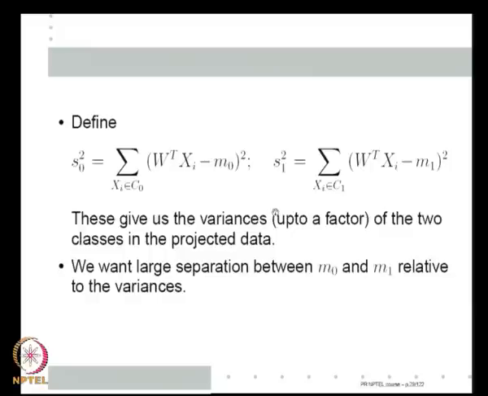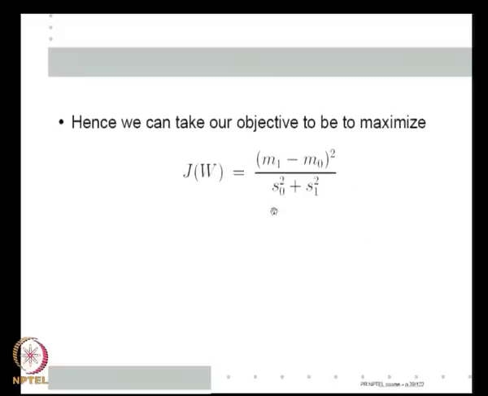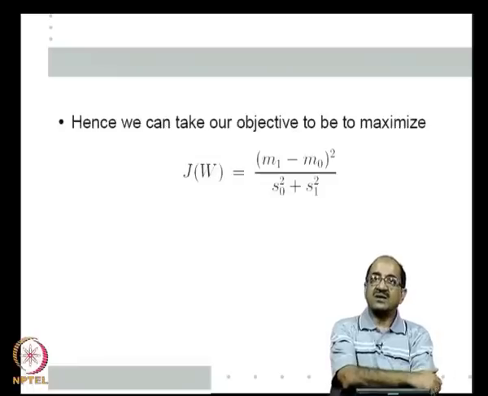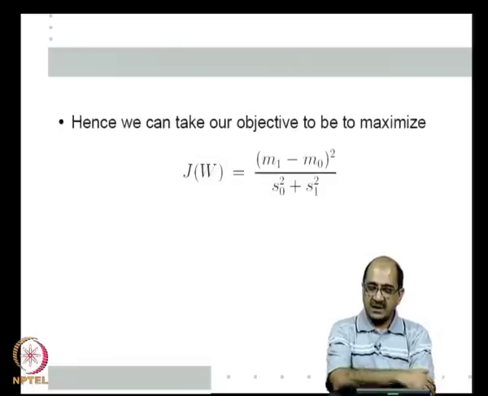So, I can formulate this as an objective function for W as follows. We want to maximize J of W, where J of W is defined as (m1 minus m0) whole square by s0 square plus s1 square. So, we want a large separation (m1 minus m0) whole square relative to the variances s0 square plus s1 square.